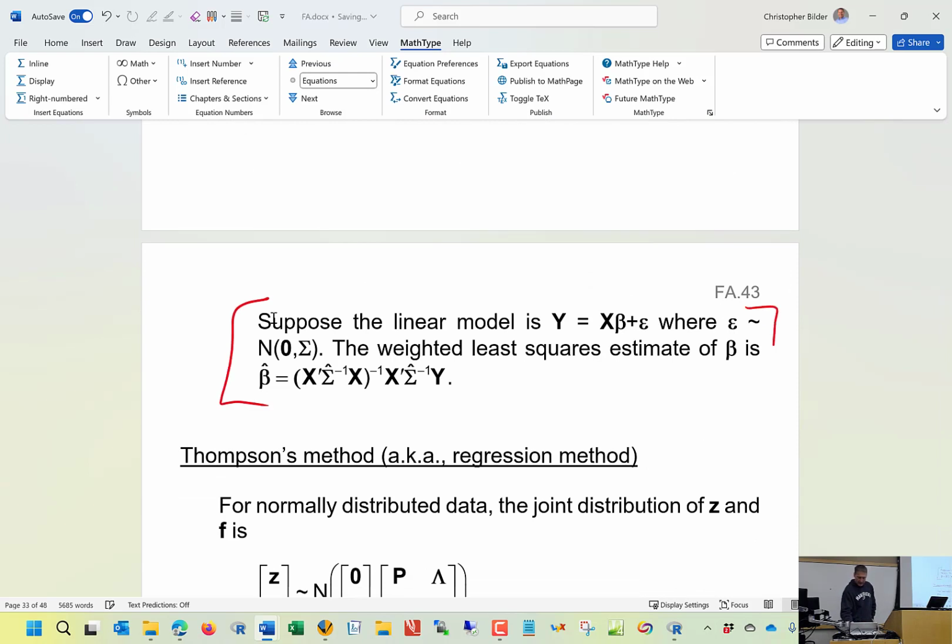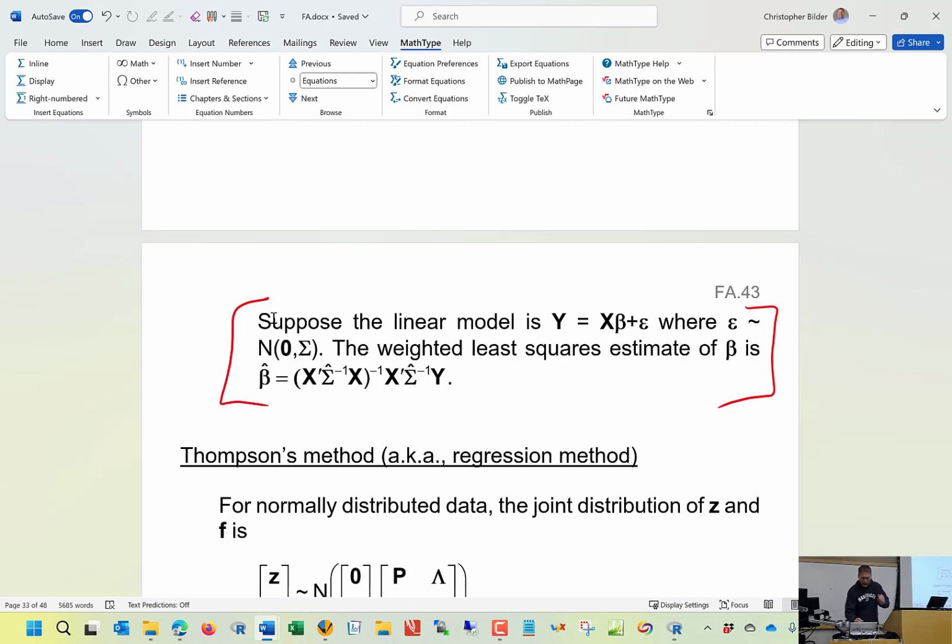A formal representation then of what happens is this. If I write my model in terms of matrices and vectors, notice the epsilon there has a normal distribution with a mean vector of 0 and a covariance matrix of sigma. If you want to, you could assume the covariance matrix is diagonal, where each of the diagonal elements could potentially be different.